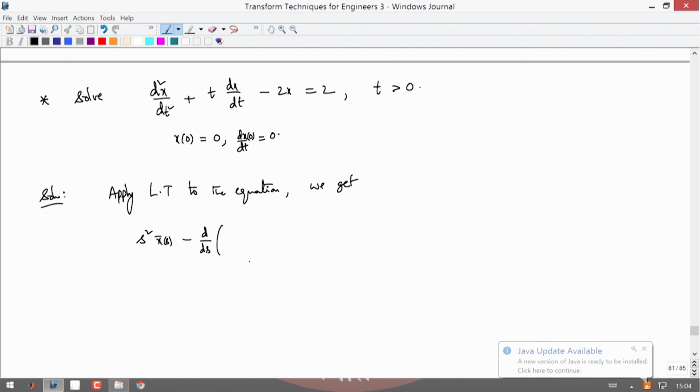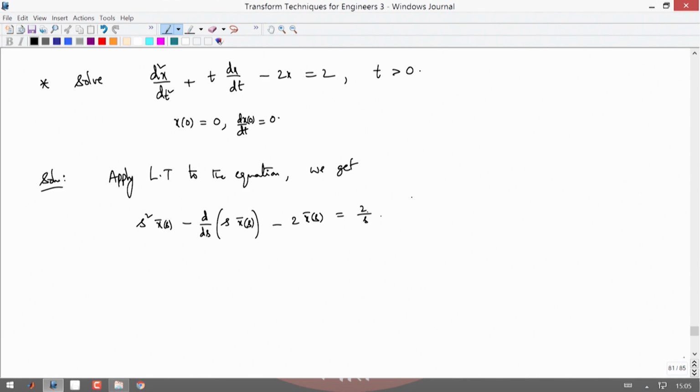You have seen this when we did properties of the Laplace transform: the Laplace transform of t times a function is minus d ds of the Laplace transform of that function. So that is minus d ds of the Laplace transform of dx by dt, which we already know is x bar of s minus x of 0, and that is anyway 0. Then minus 2 x bar of s equals 2 times the Laplace transform of 1, that is 1 by s, so you have 2 by s.